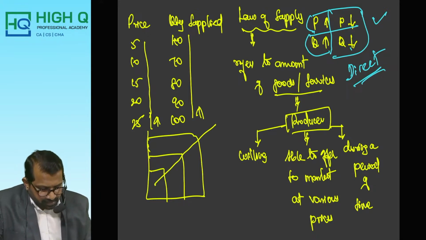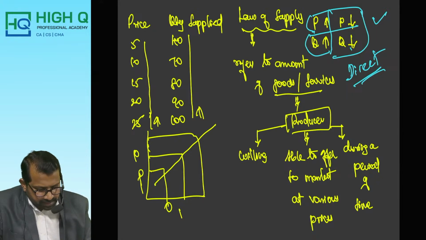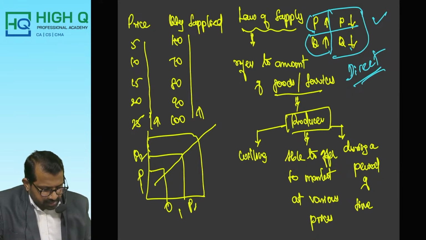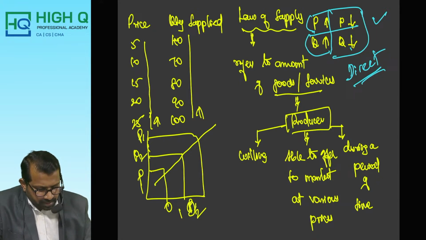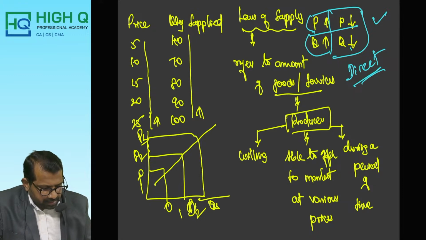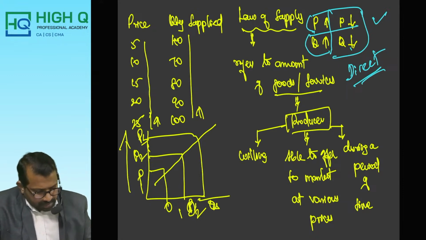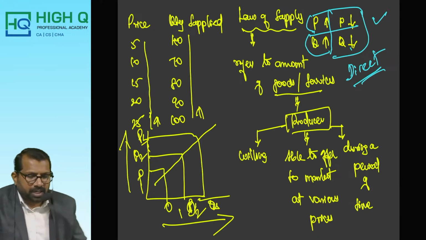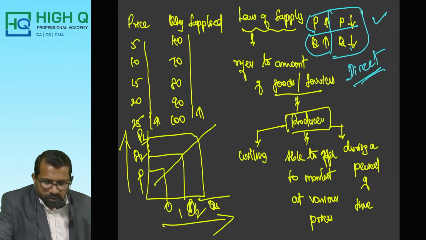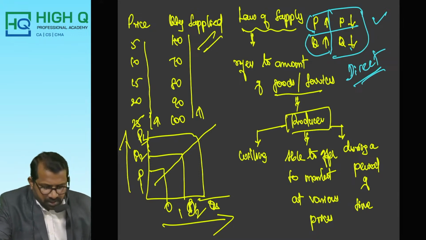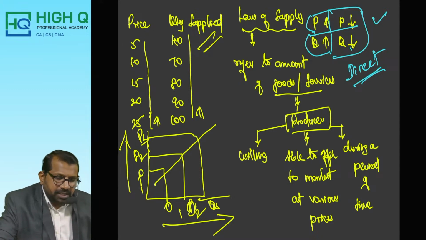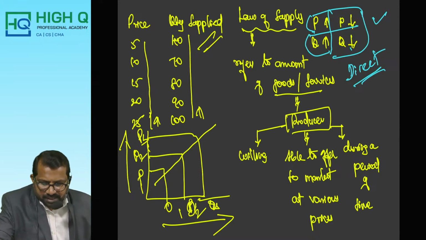Like this, price increases, quantity supplied also increases. Price increases again for the next commodity, again like this. As price goes on increasing, quantity supplied also goes on increasing. It is called the law of supply.